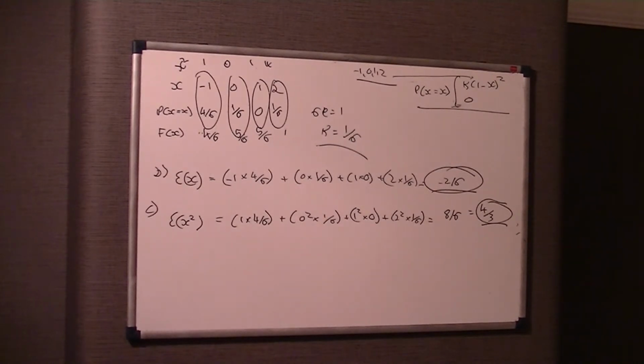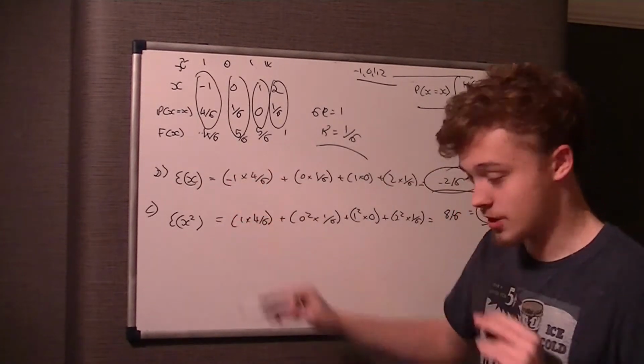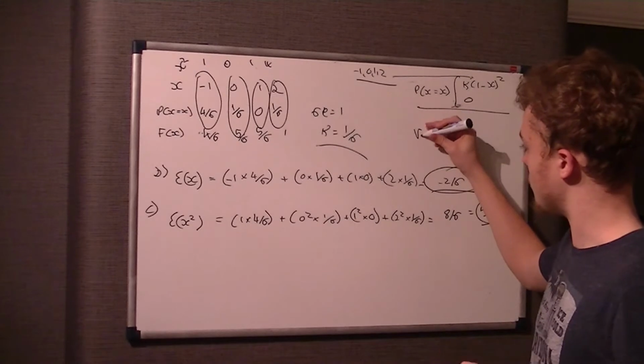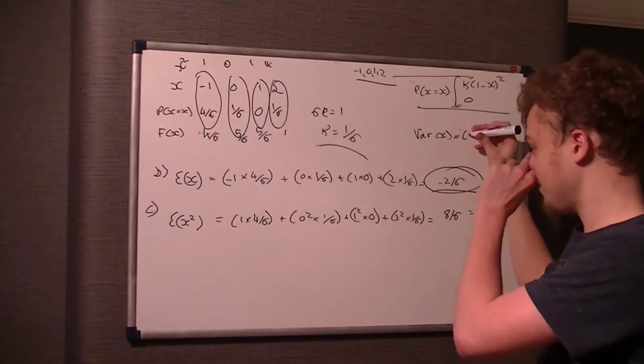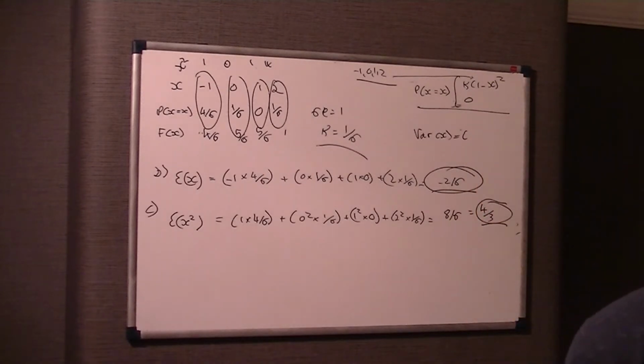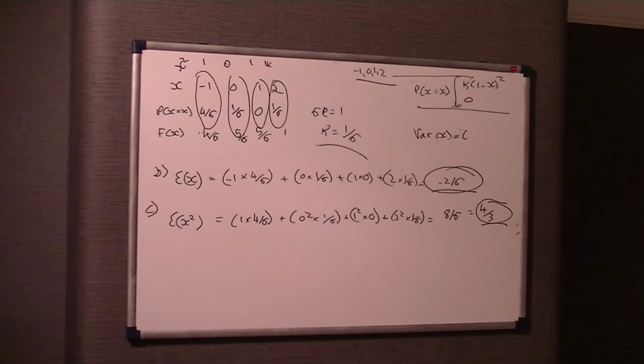Now this next part, you should have realised by this point we've got E of x and E of x squared. Now the formula for variance, so Var of x, is E of x squared, for God's sake, let me just double check. Sorry, I thought I was going a bit crazy there.